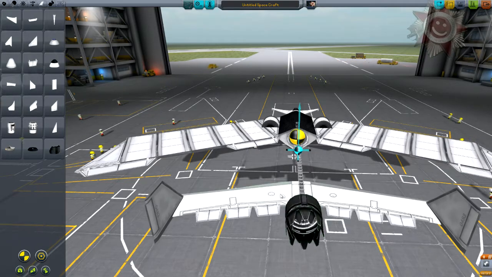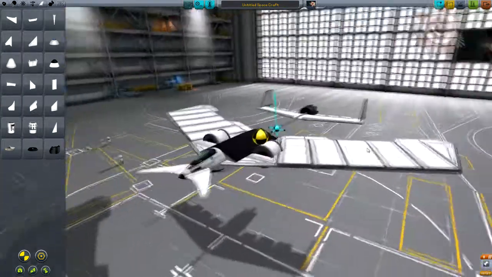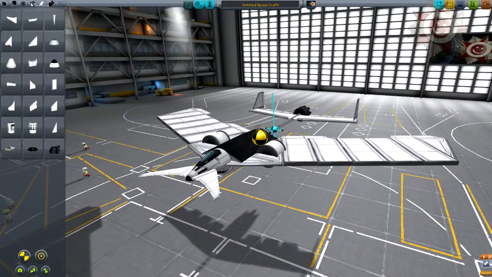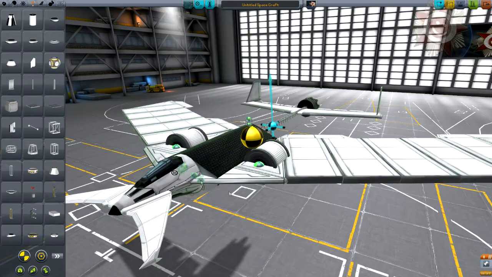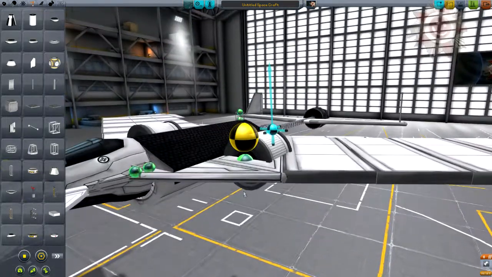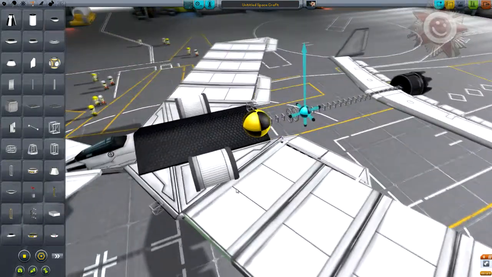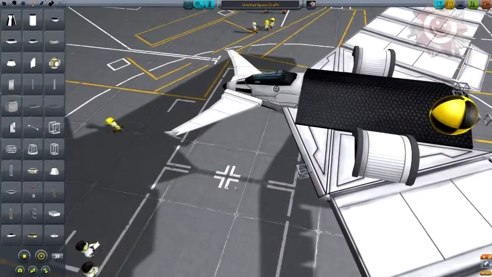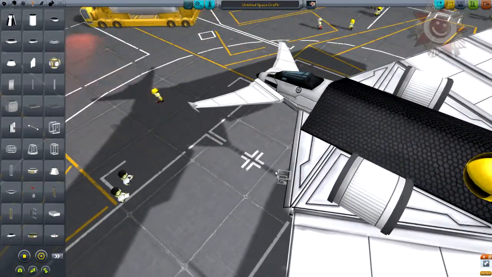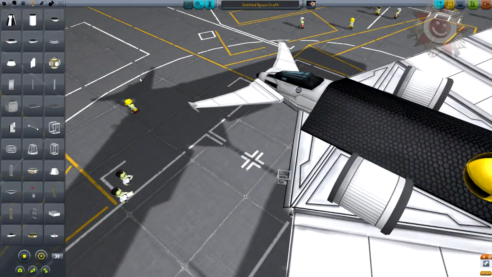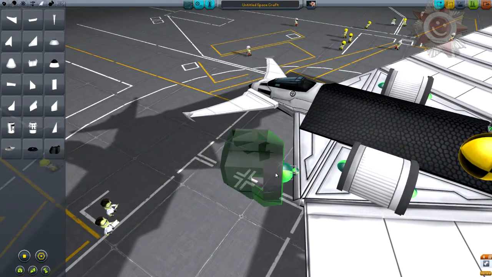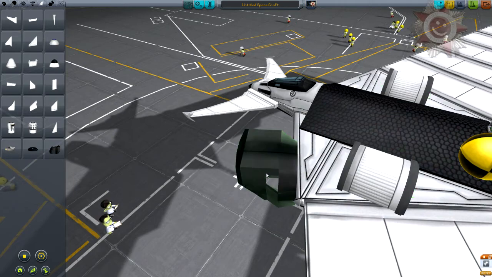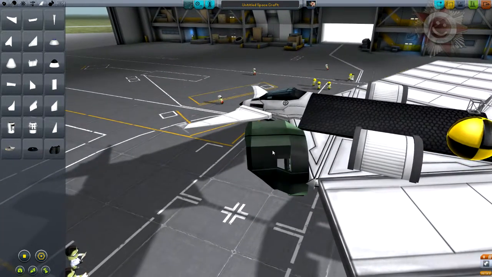And this turbojet engine needs air intakes, and what I'm going to do is use this little trick I've been using with almost every one of my planes. I'm going to place one cubic strut here, and then put an intake on that strut.